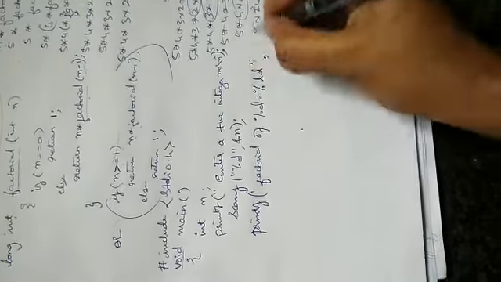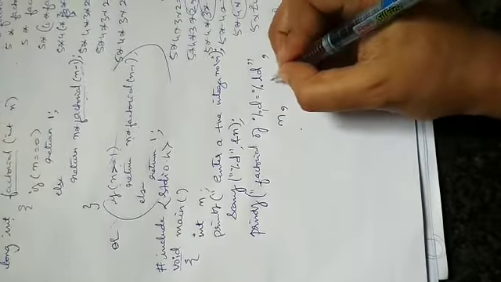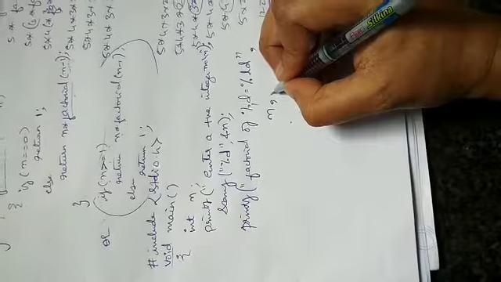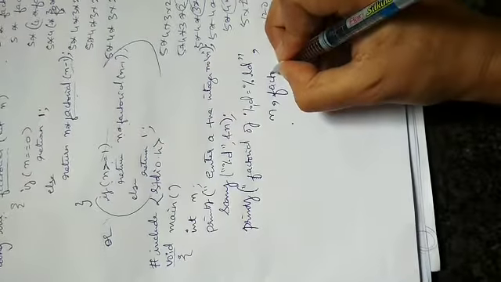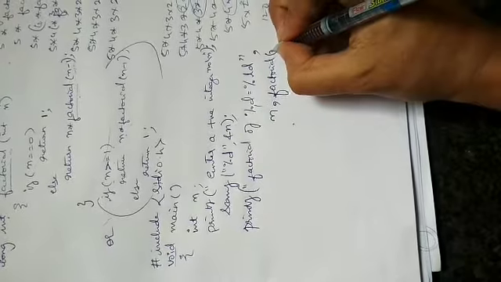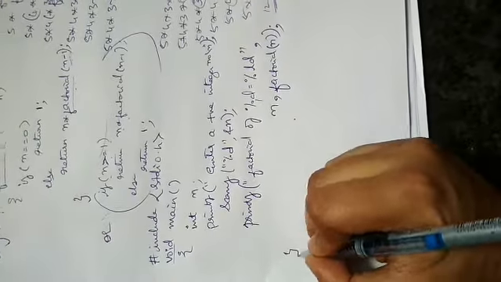The parameters here will be n and the function name. I am calling the function in the printf statement itself. So I write factorial, and the parameter I am going to pass is n. Then close it.